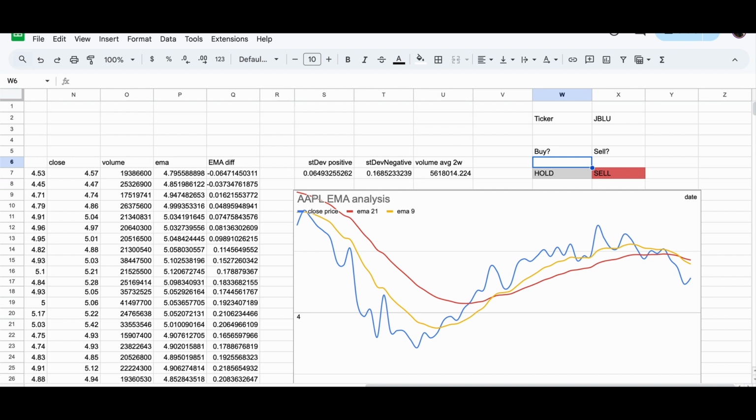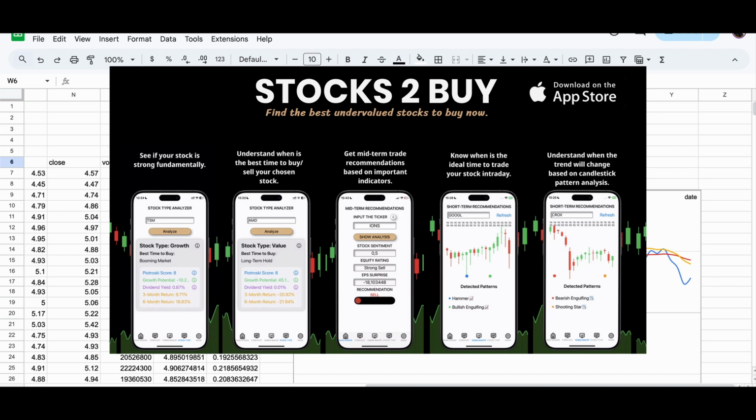Of course, you can use it with other indicators, with VWAP, with the Stocks to Buy free iOS application that can support your findings, or maybe not, because Stocks to Buy also analyzes Japanese candlesticks and tells when is the best time to buy based on Japanese candlestick pattern analysis. If you're a midterm trader, you can also use the Stocks to Buy app to get midterm trade recommendations. It checks the Piotroski score, growth potential, EPS surprise, analyst ratings, and based on all of this, it gives you its own conclusions.